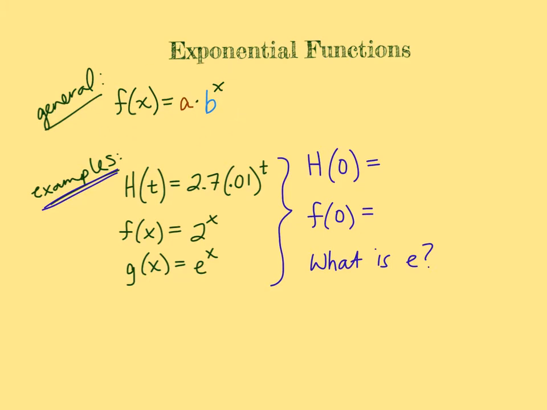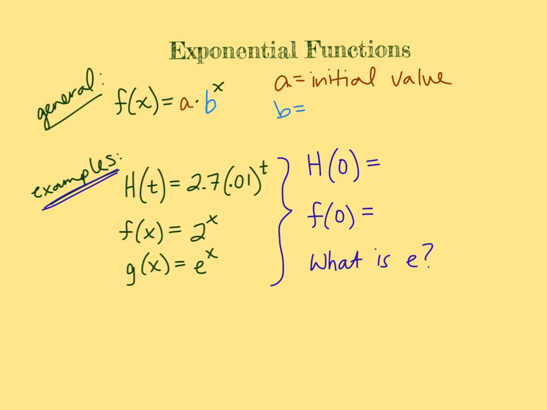But we're not going to get super into the growth and decay. I just want to do a quick recap. So in general, this is what an exponential function looks like. F of x equals a times b to the x. And the a is considered the initial value. And then b, the value that's actually being raised to the x power.